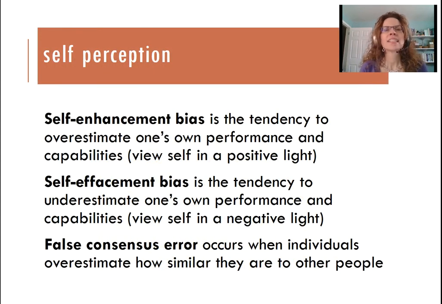Let's talk about our self-perception. One way that we can talk about this is through the lens of self-enhancement bias. This is our tendency to overestimate our own performance and capabilities, basically to see ourselves positively, to imagine that we're the friendliest, the most generous, the smartest, the fastest, the coolest, the you name it, whatever it is ending in EST.